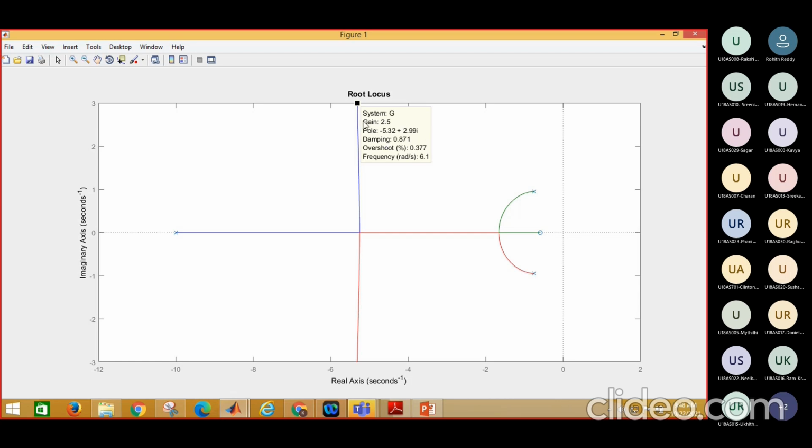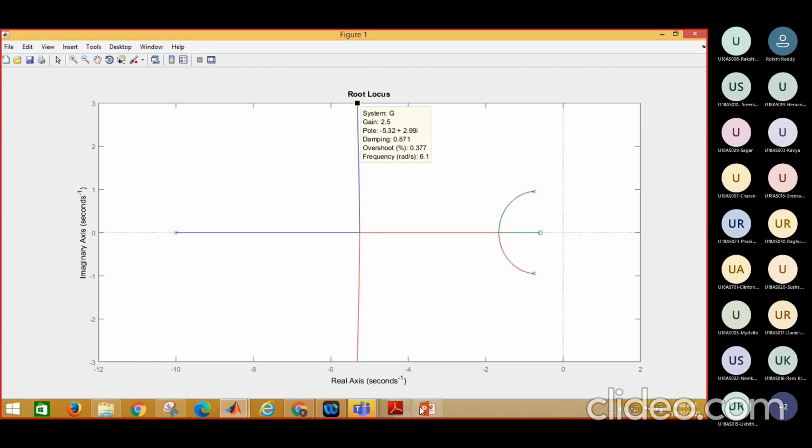So why we choose high damping for the inner loop means, suppose you consider your outer loop, that outer loop closed loop has a tendency to reduce your damping. That's why we select the inner loop gain as a higher value for a higher damping.